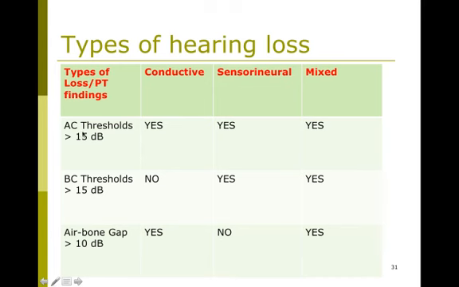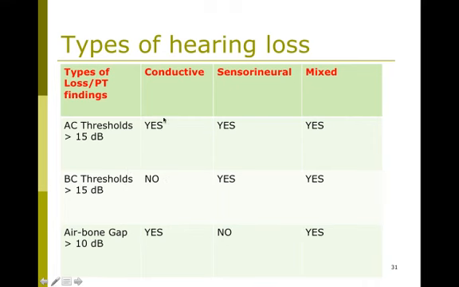So the air conduction thresholds for this person are going to be more than 15 decibels, the limit that we consider for hearing within normal limits. So that'll be yes. And based upon how much the pure-tone average is, we'll be able to determine the degree of loss. But then we need to find the bone conduction thresholds for both the ears.